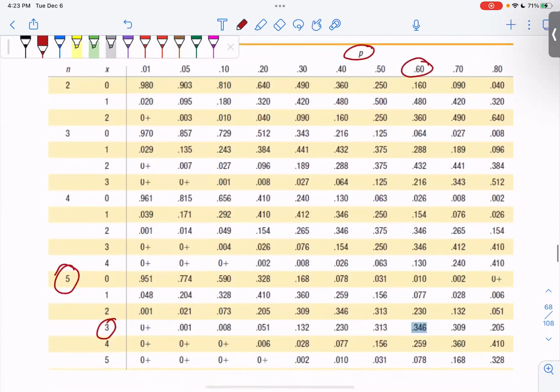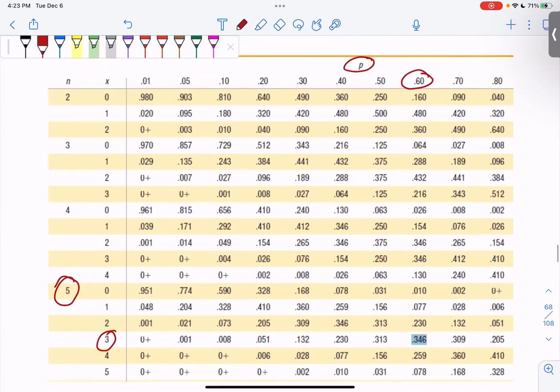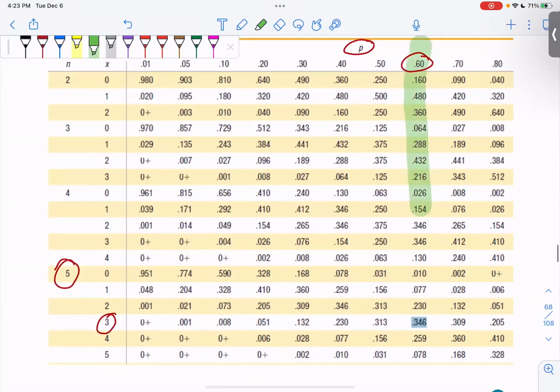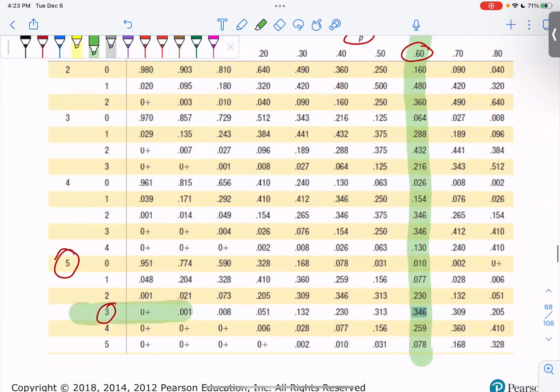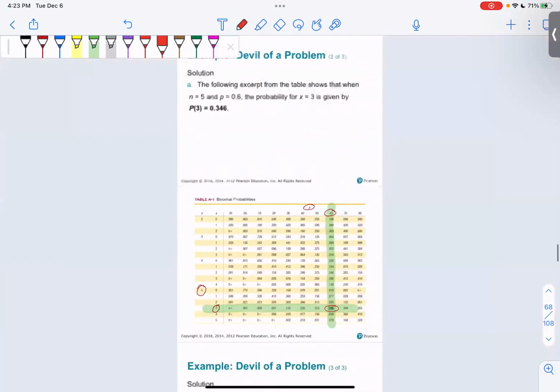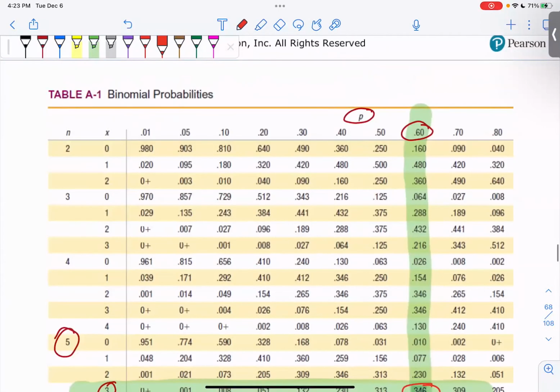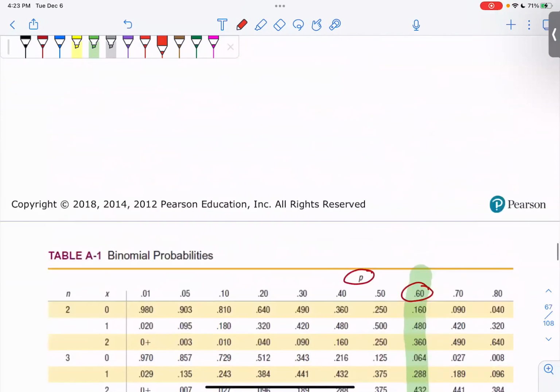So we have to take this and this, which is this value. Okay, 0.346 using the table.